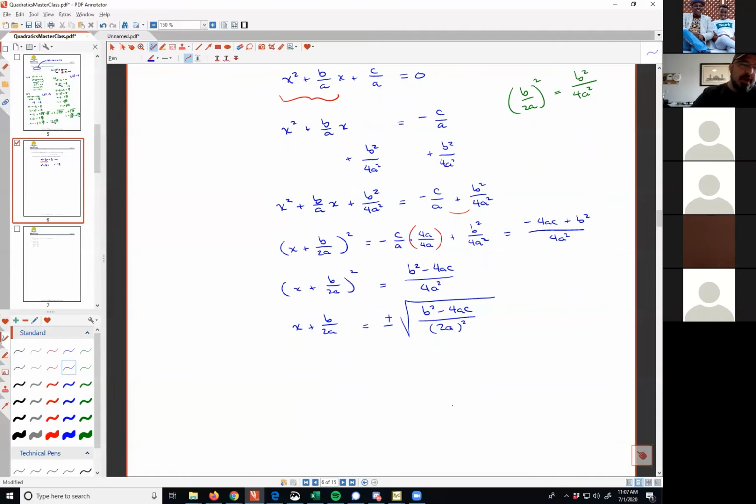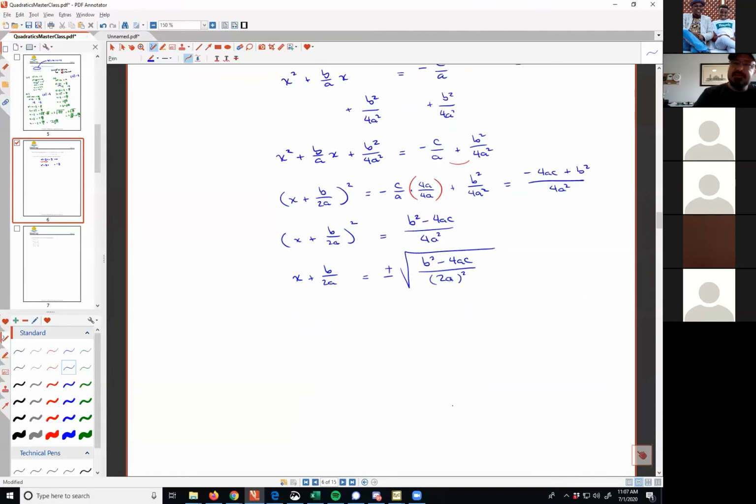Four a squared is 2a times 2a, and that's nice. Any fraction that we have is going to have a denominator of 2a. And we are almost there. Now we just subtract b over 2a.